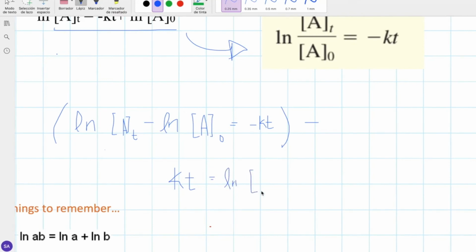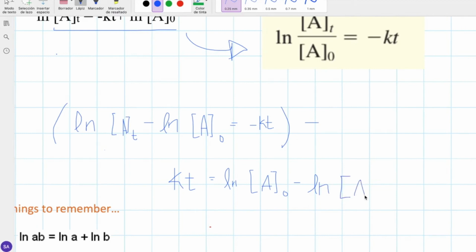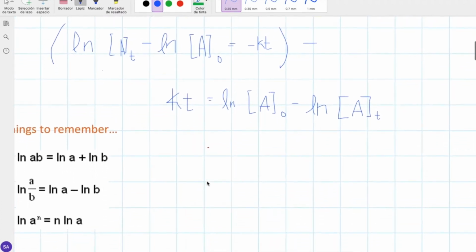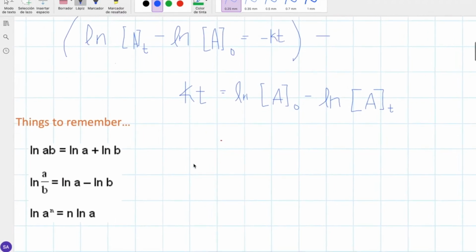I will get positive kt, k times t, equals, so this one will be positive, ln of initial concentration minus, okay, this one was positive so now it's going to be negative, ln of current concentration.